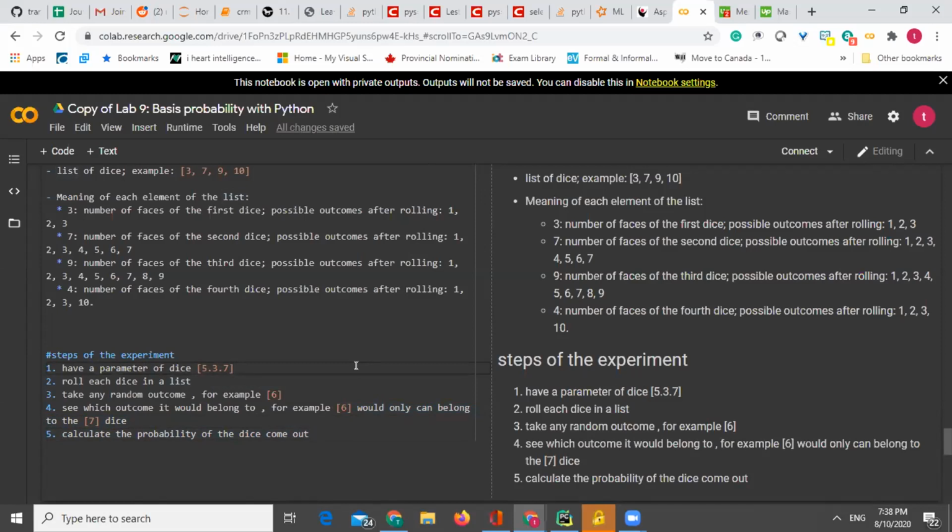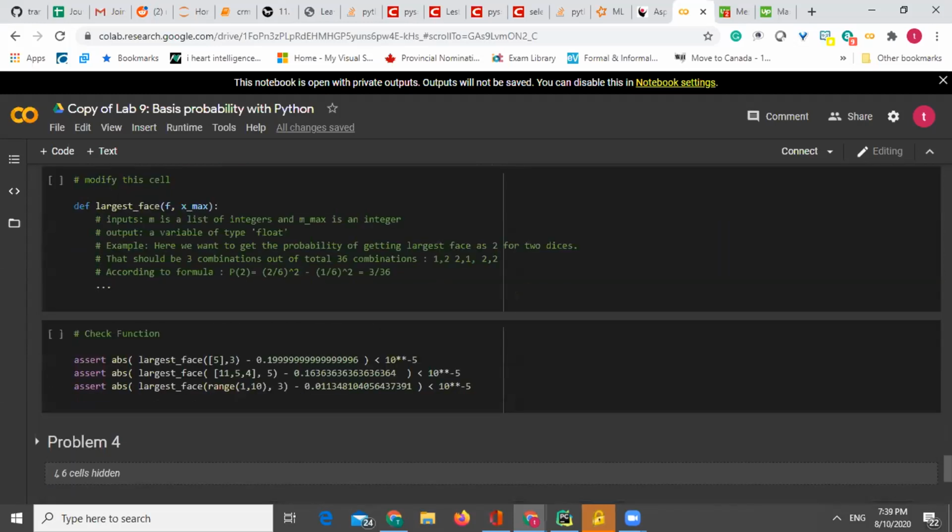Go to the docstring to see how they define the second parameter below in the function.